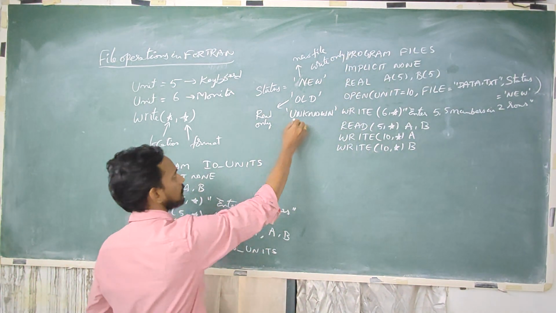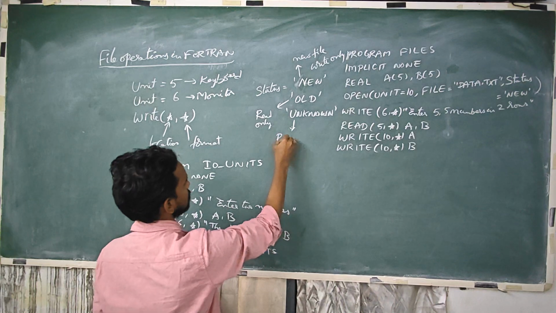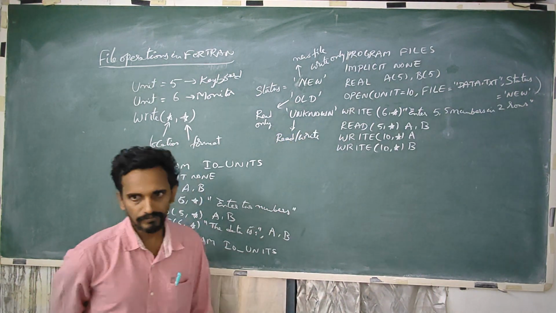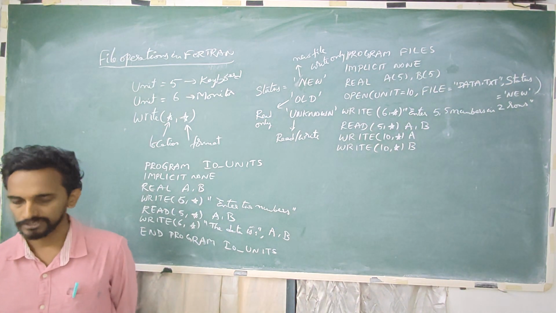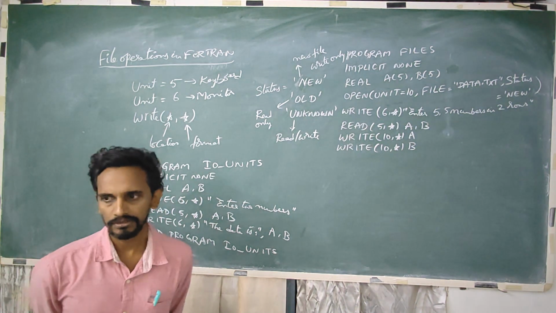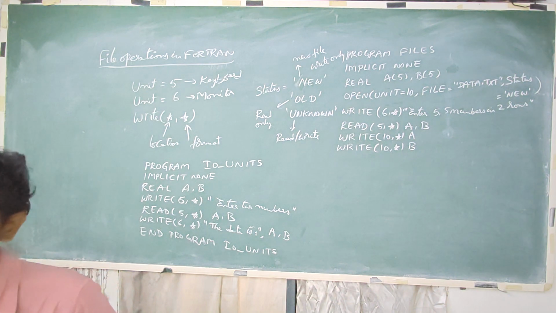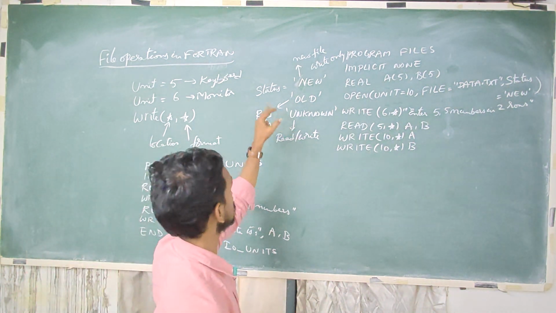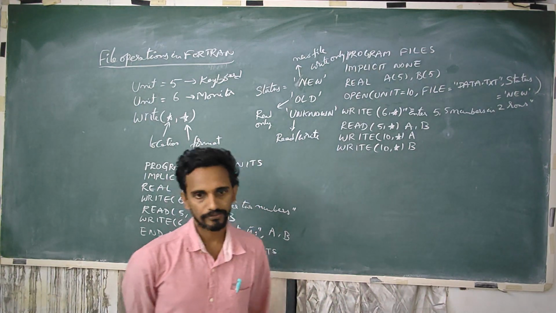Whereas if you keep that option unknown, you can read or write. So if it is a new file, it is write only. If it is an old file, it is read only. By default, if you keep the option unknown, it is read or write.